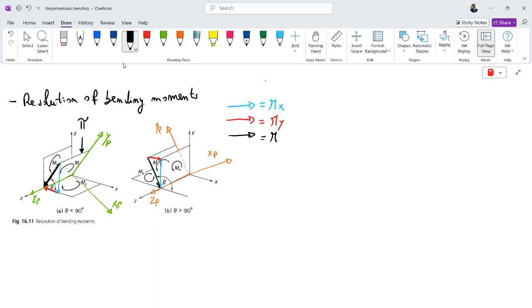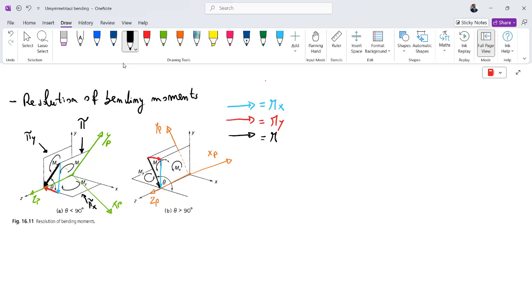On the other planes, let's say pi y and pi x, the projections of this moment M are applied. So we have Mx here on this pi y plane, and My on the pi x plane.